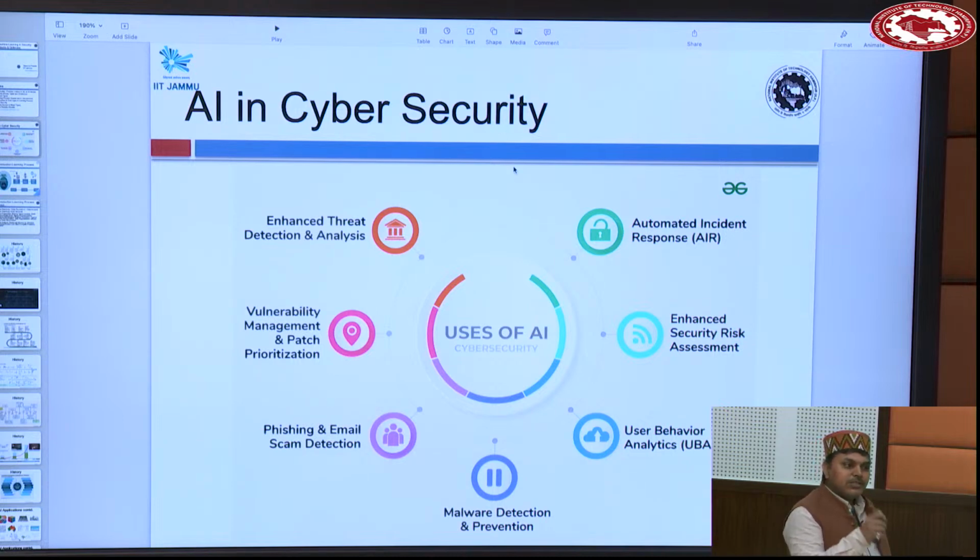Then the perception changes. What was a bad thing in society is good for the country when it comes to the security and defense aspect. So in due course of time, we'll show you the capability of AI models nowadays. A lot of work can be done using AI tools.